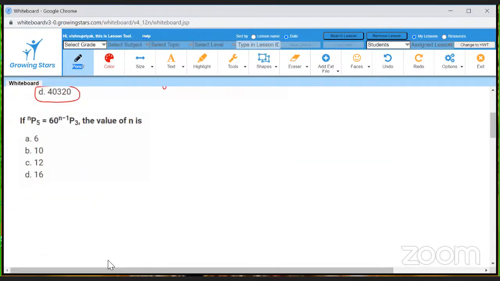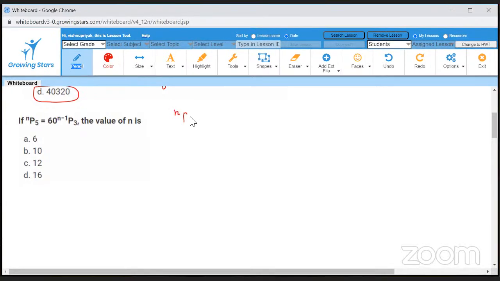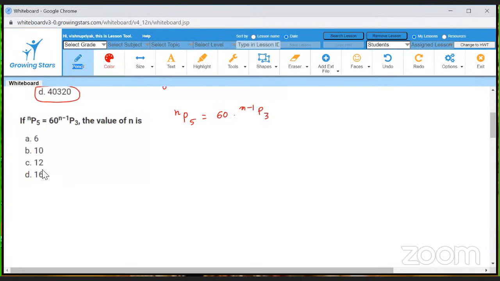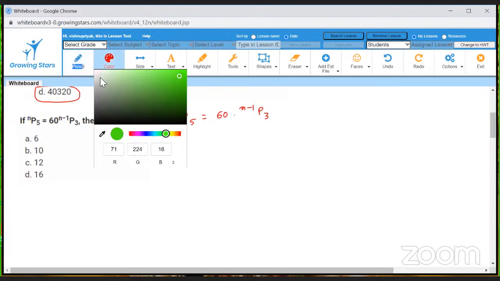Suppose nP5 is 60 into n minus 1 P3, then what is the value of n? So write nP5 equal to 60 into n minus 1 P3. You can use the formula. I'll give you one example.